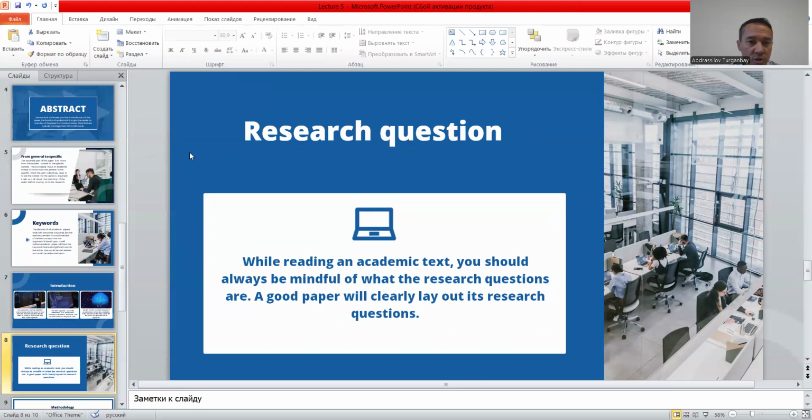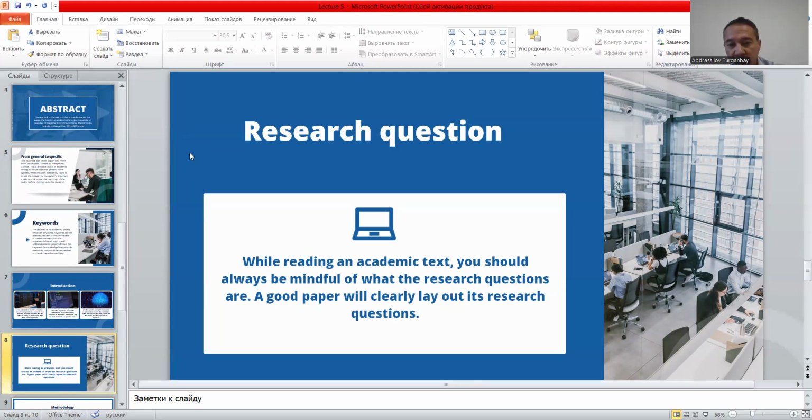As I have mentioned, the research question is put forward by the author in the introduction. While reading an academic text, we should always be mindful of what the research questions are.